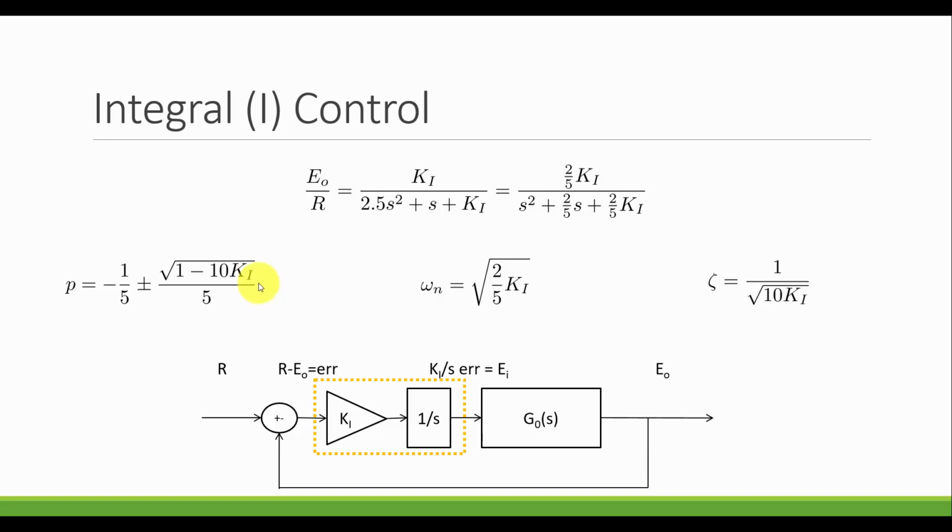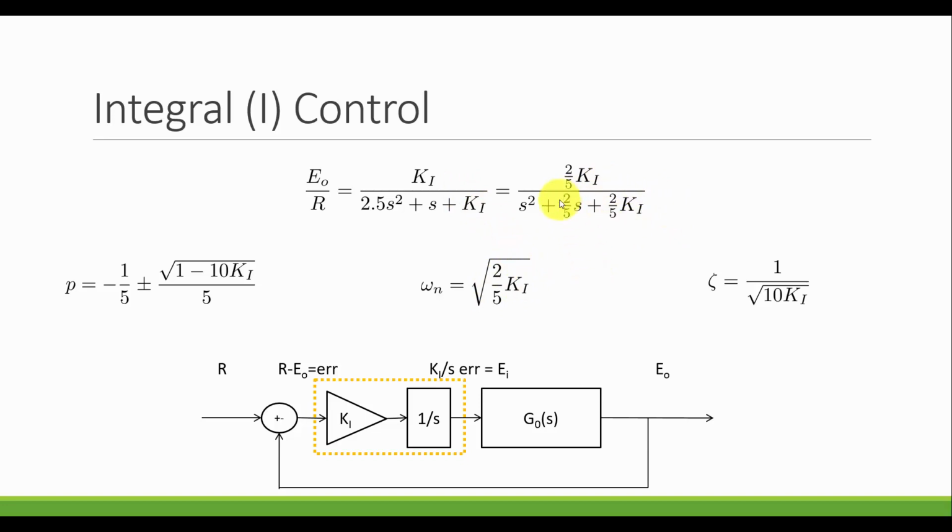But here, even with a ki of 1, we're going to get complex conjugates for our poles, which means it's going to be underdamped. But because ki is involved in this constant term, it's going to affect the natural frequency of the system. Since we're in standard form, the square root of this constant is our natural frequency.